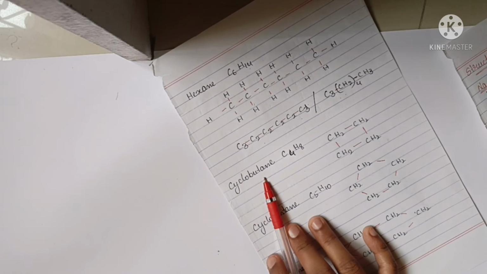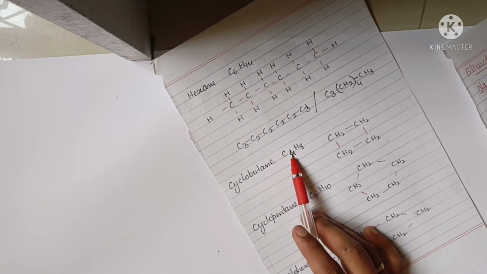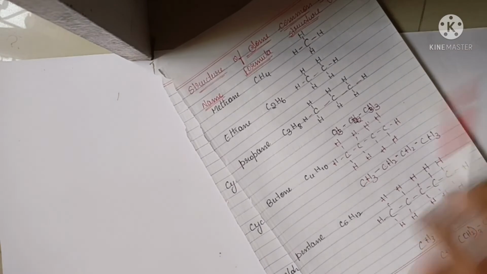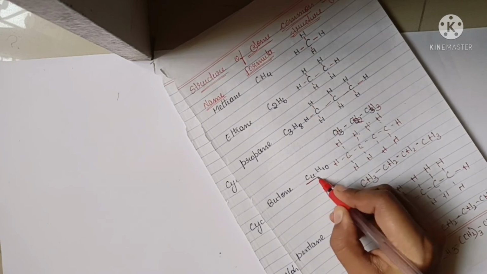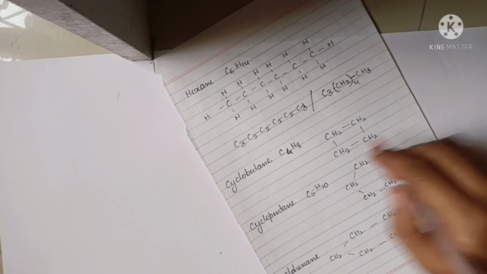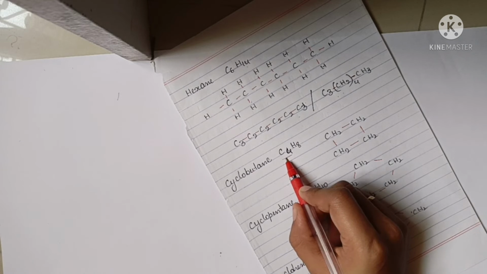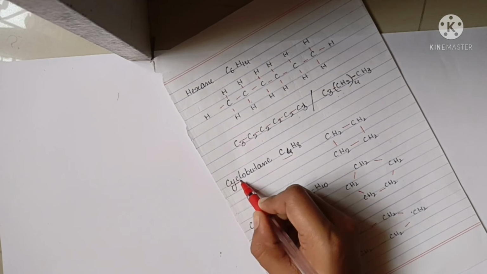And the next one is cyclobutane. This cyclobutane, how to mention it? C4H8. See, C4H8. In the previous one we have butane, which means C4, and here also C4 is there, but no need to confuse, my dears. Why? Because you need to remember that there is the word cyclo here.